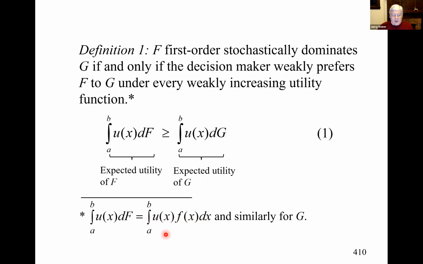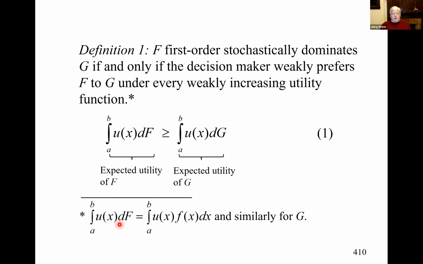You have the possible outcomes, U(x), and you multiply each one with its probability, sum this up, and you get the expected utility. And for f(x)dx, you can actually write dF.